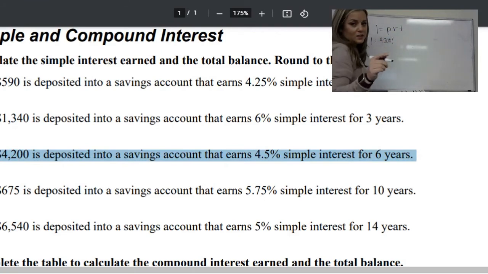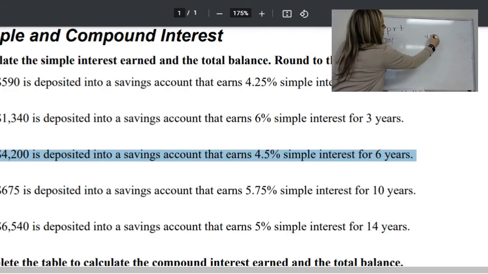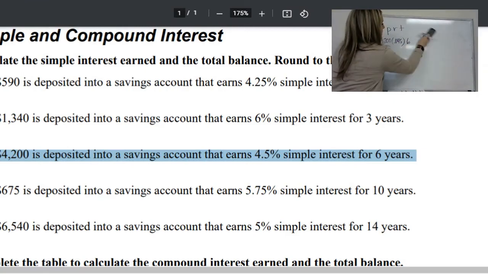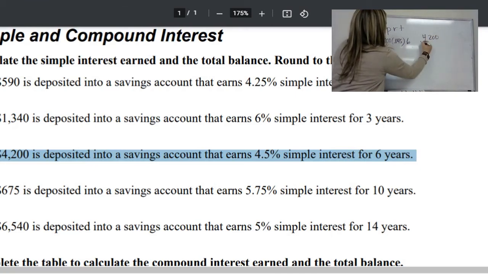The rate is 4.5, and we've got to move that 2 places, so 0.045. And the time is 6 years. I'm going to multiply this by this and then multiply by 6. So we have 4,200 times 0.045.